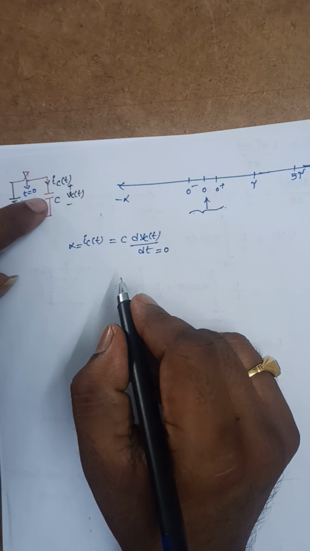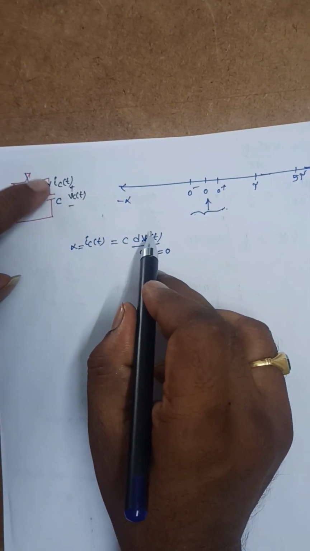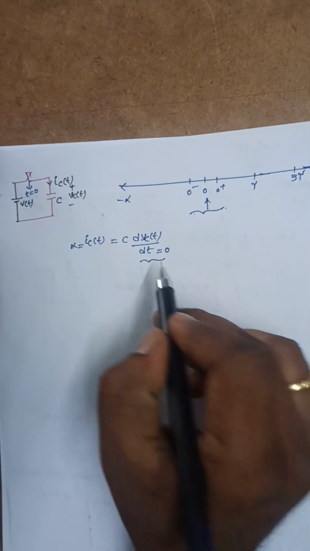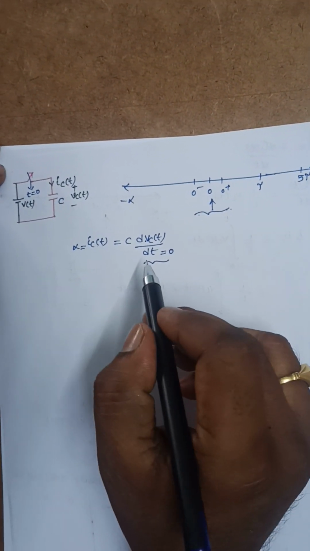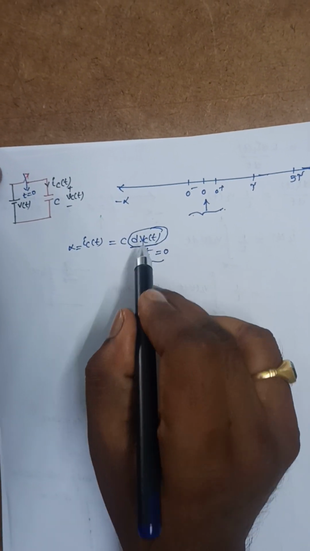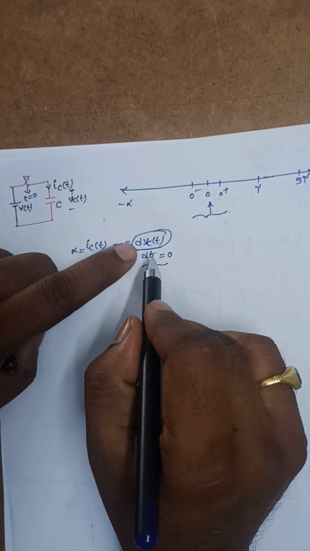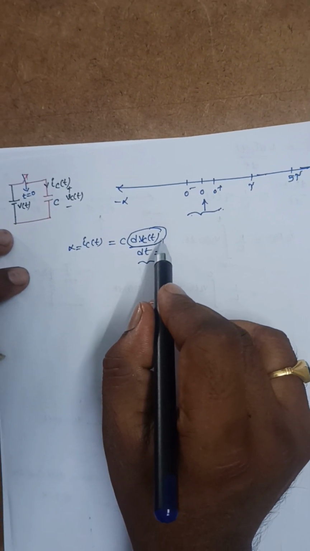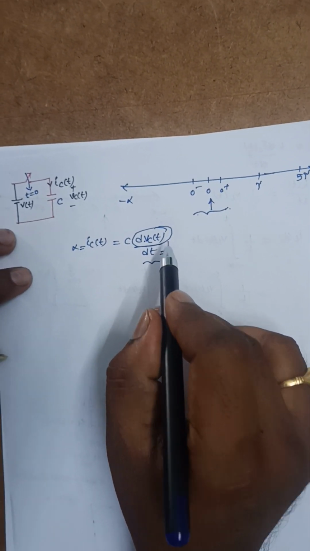Infinite current would be needed to change the voltage across the capacitance in the short duration dt equal to 0. Practically that is not possible, so we do not get any change in voltage within this short duration. That means the voltage cannot change instantaneously.